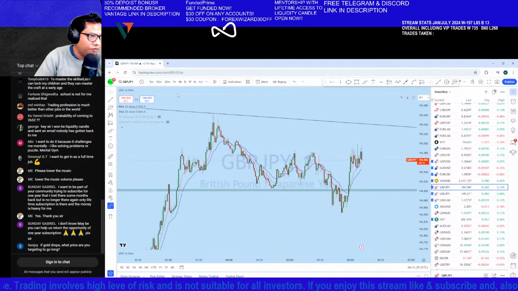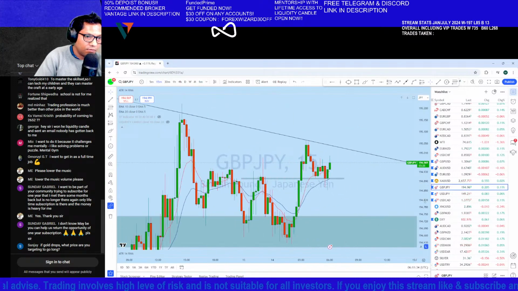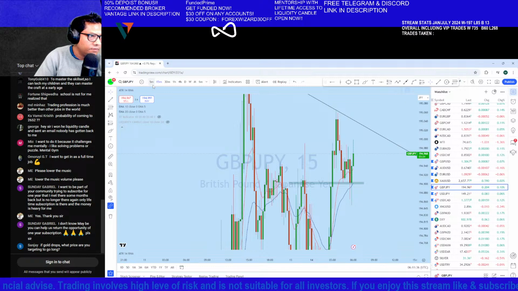GBPJPY also, I'm waiting for a potential movement to see.